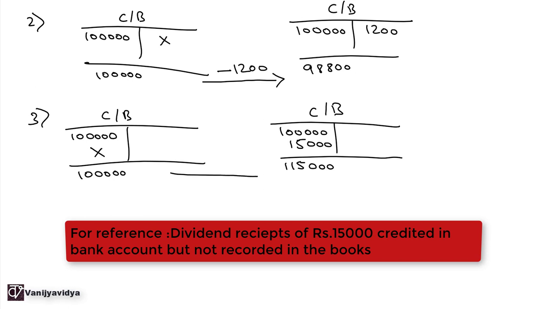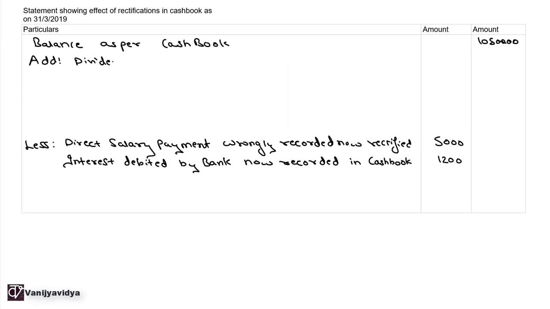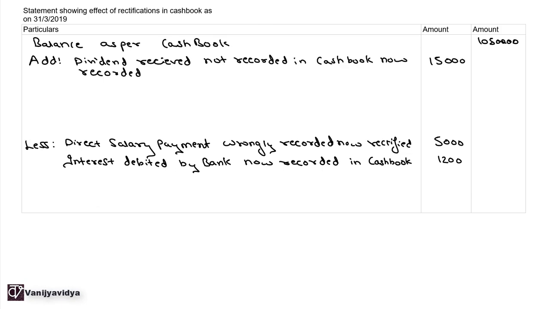Now we are moving from your original cash book entry to rectified cash book, so we have to add 15,000 in the rectification statement. Let's do that. Add dividend received not recorded in the cash book, now recorded 15,000. Now let's see the next transaction.